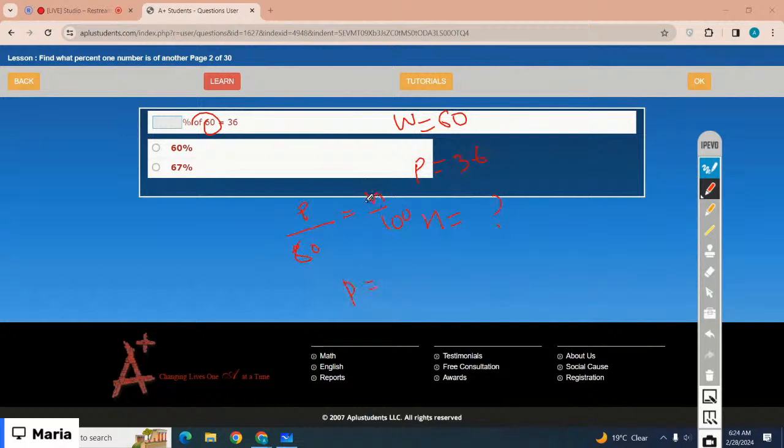You are given the part 36, so that would be 36 over 100. You have to multiply by 100 here. You are left with n. So 100 and 100 cancel out, n equals 32%. Right? No, no, no, hold on.